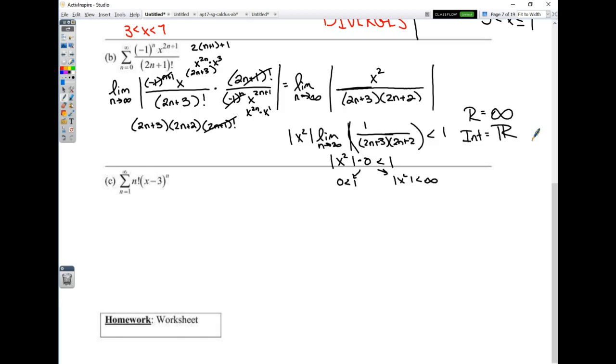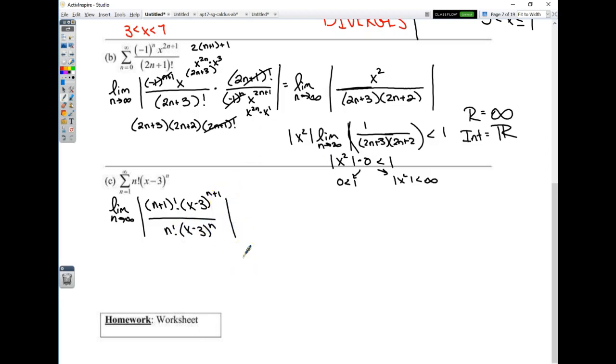Last one. We're almost there. Last limit, folks. Limit as n approaches infinity of n plus 1 factorial times x minus 3 to the n plus 1, all over n factorial times x minus 3 to the n.